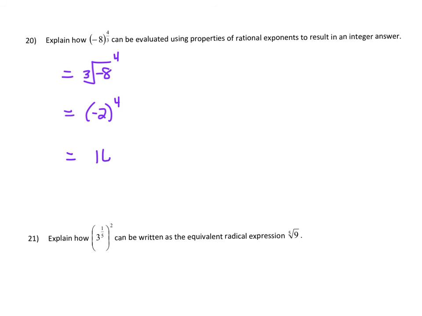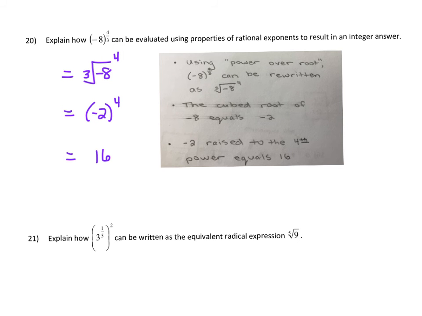Okay, now what we have to do is explain in words how we did this. So I just wrote each step next to it. The first thing we did was using power over root, -8 to the 4/3 can be rewritten as the cube root of -8 to the 4th. So that was the first thing we did. I'm just literally putting in words what we did.